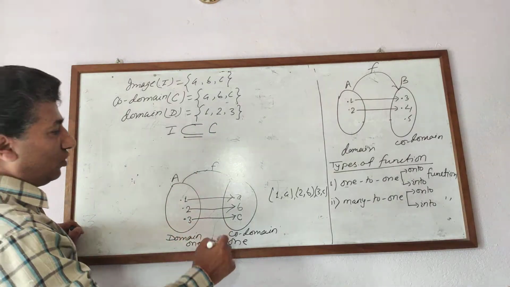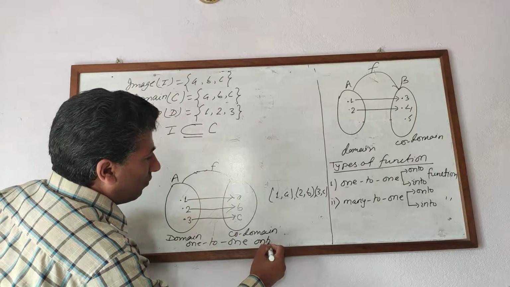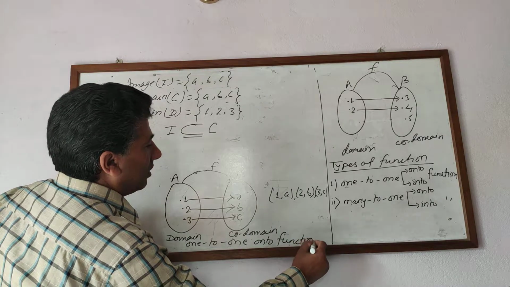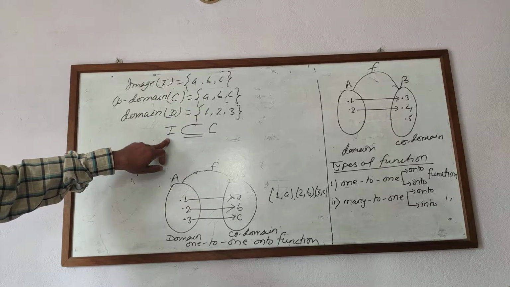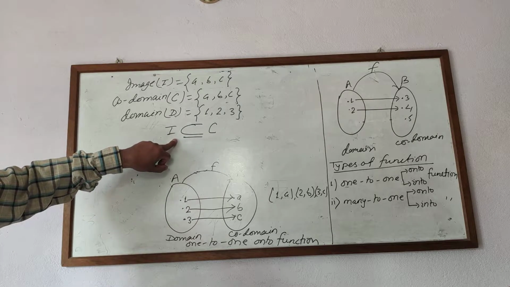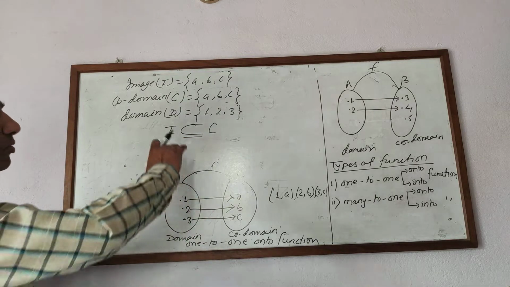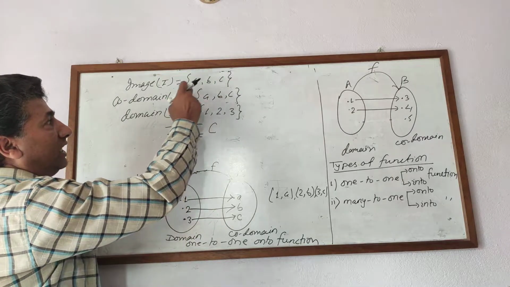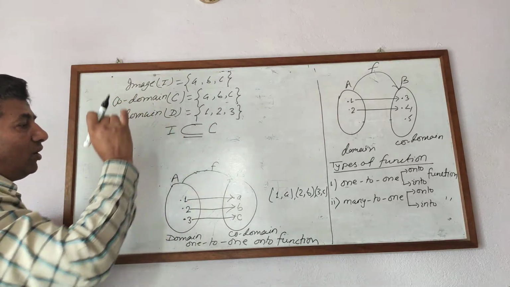That's why it is onto. One to one onto function. Now this is the condition, I have given an equal sign. We can say in another way also, the set of image is an improper subset of its codomain. Improper means equal. Now the set of image is equal to the set of its codomain. That's why it is an onto function.